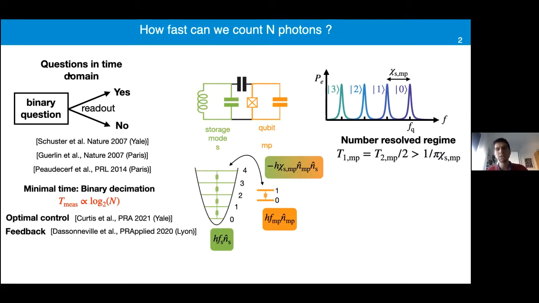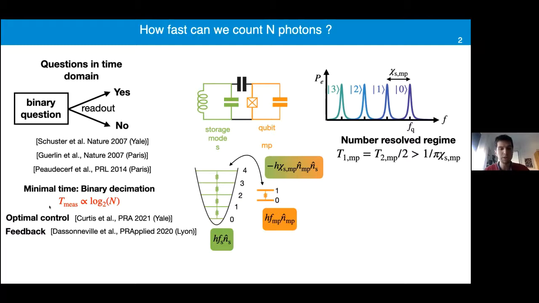We will ask as many binary questions as we need to know exactly the number of photons, and all those questions are asked one after the other, so the questions are asked in the time domain. The optimal protocol is the binary decimation, so measuring the bits of the binary code of the photon number.